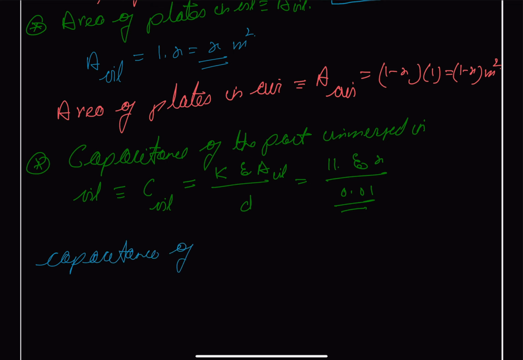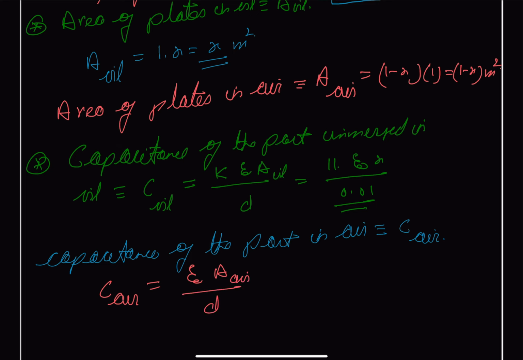Capacitance of the part in air, let us call that C air, will be equal to epsilon naught area in the air divided by D. So we get epsilon naught, the area is 1 minus x, and D is the same, that is 0.01.